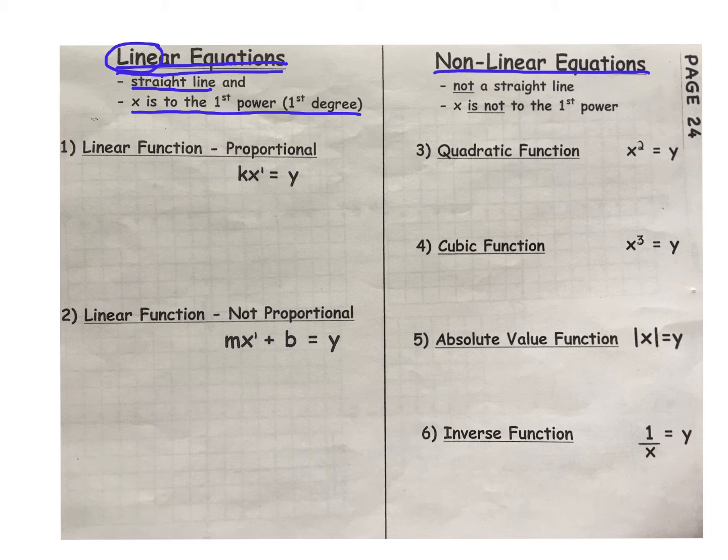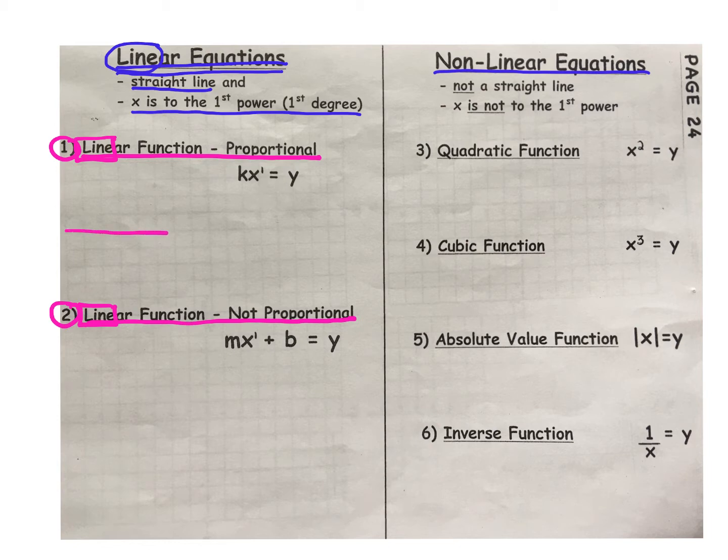There are two types of linear functions. There are linear proportional functions, or there are linear non-proportional functions. So in number 1 and in number 2, let's discuss the difference. Well, we know both of these will graph as a line. So each are linear.